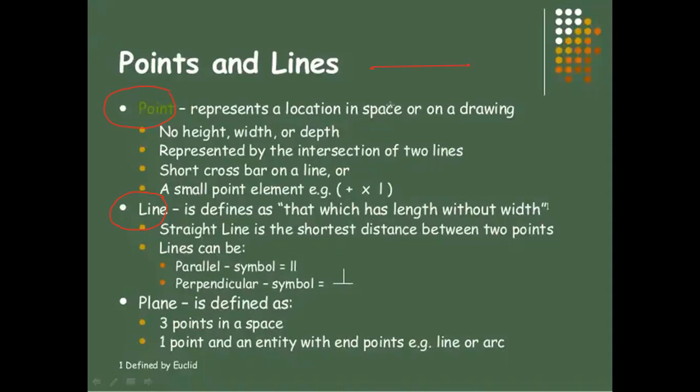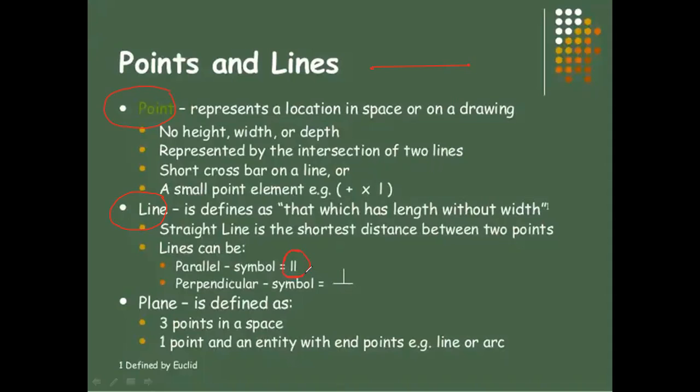We have studied this recently, all about parallel lines and angles. We know that parallel lines are lines that do not meet, and the symbol for parallel lines is the two lines there.